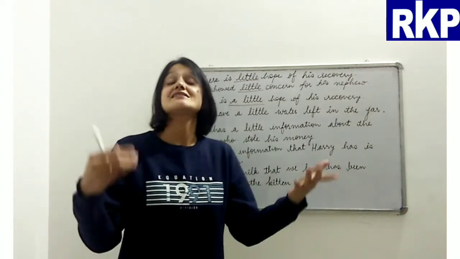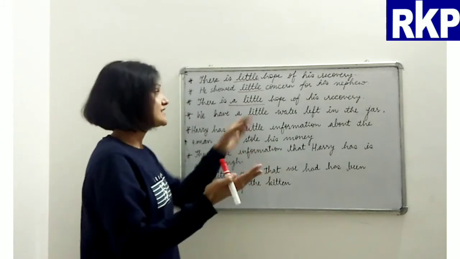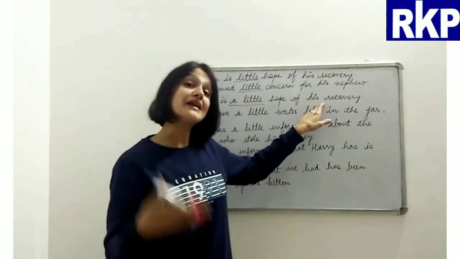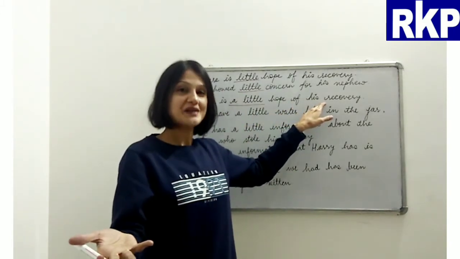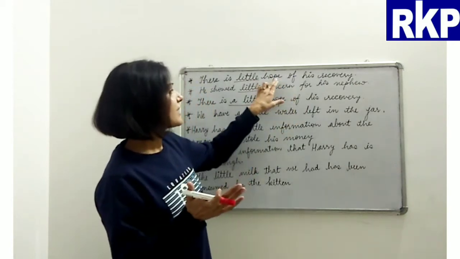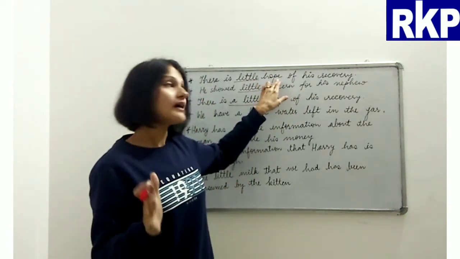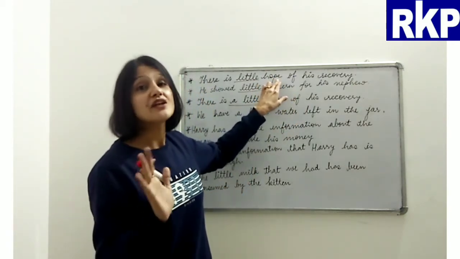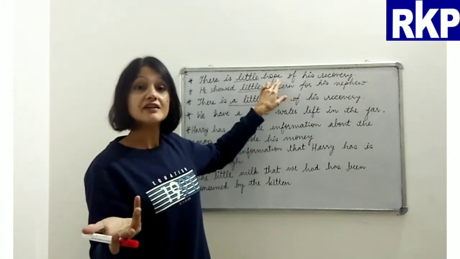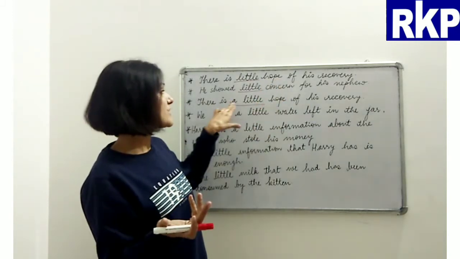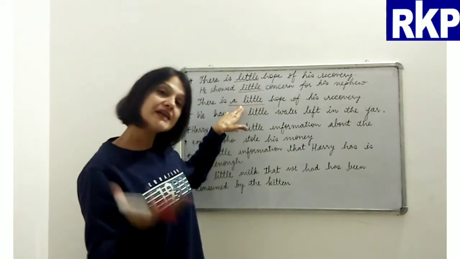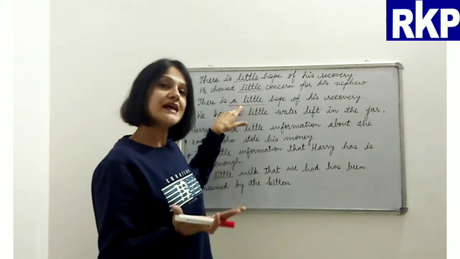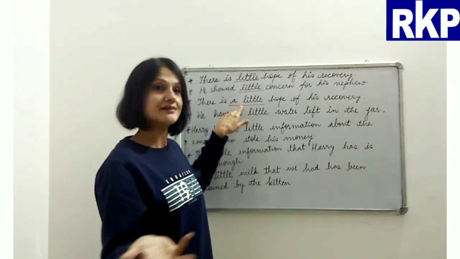And it is good news that he may recover soon. Of course, because there it's very clear that the person will not be able to recover, and here because we have used a little, it shows that he will be better, right?